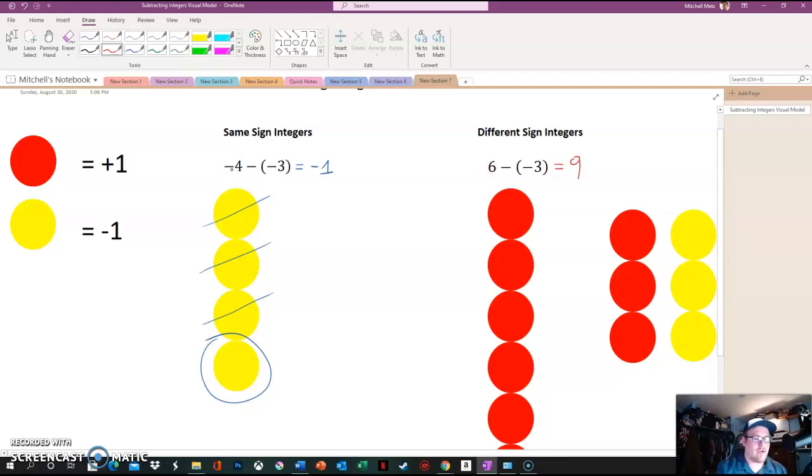Otherwise, if you have -4 minus -3, in this case the same sign integers, you just count the yellow circles that represent this, and you think of it as taking away those yellow circles. In that case I'm taking away circles by crossing them out, and I'm adding circles when I'm doing different sign integers. So make sure you know that distinction.